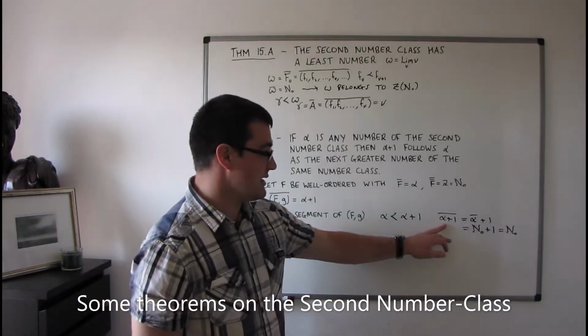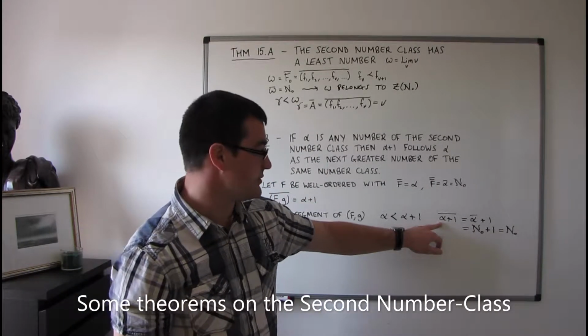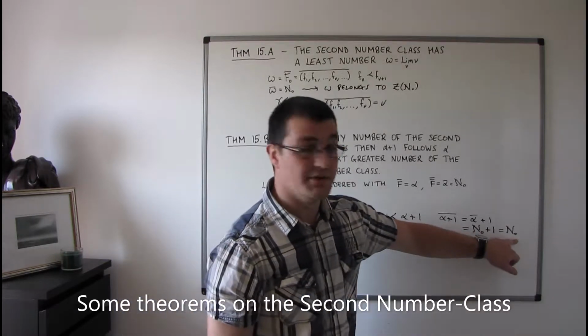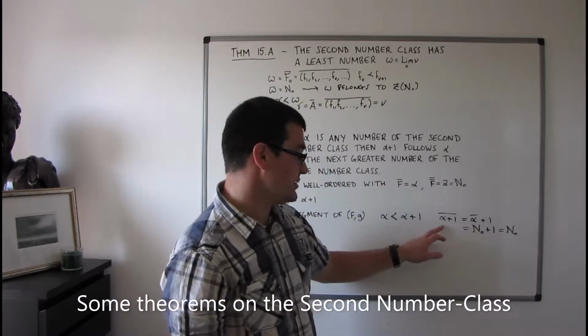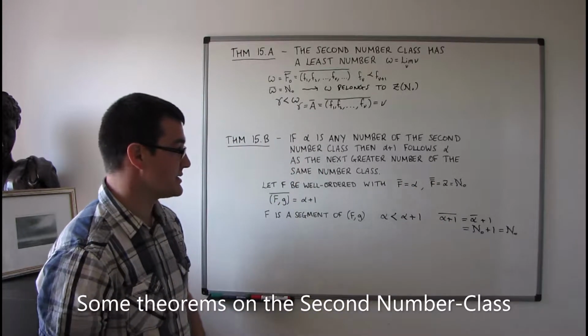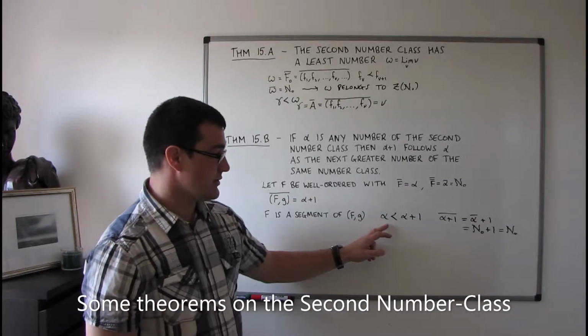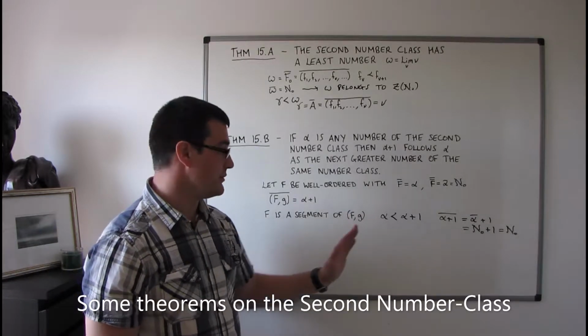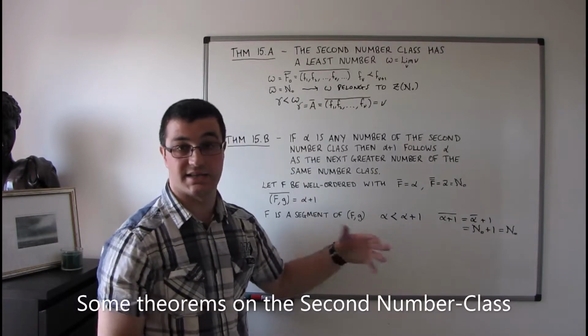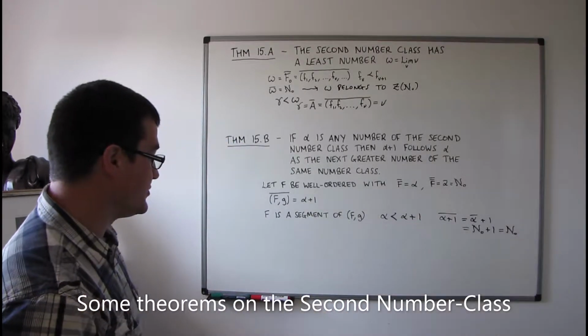So what we see then is that the cardinal number of this ordinal number alpha plus 1 is LF0, so therefore by definition alpha plus 1 is going to be in the second number class. We've still got to show that there are no other ordinal numbers between alpha and alpha plus 1, so that's our next job to do.